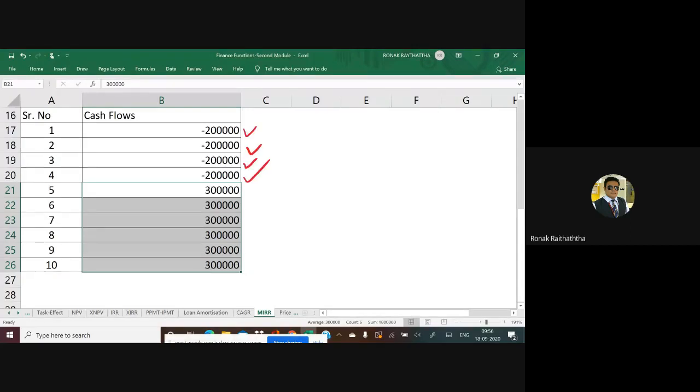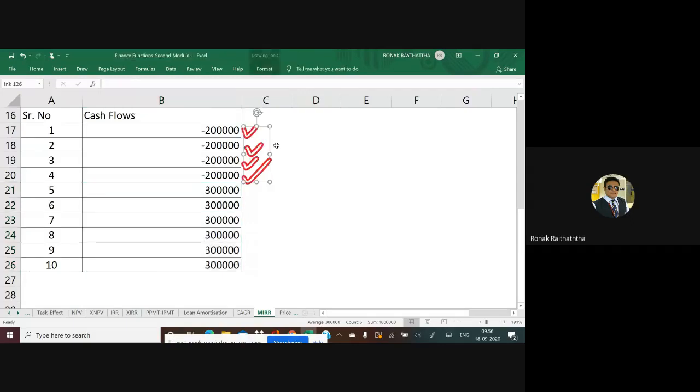Now one person came to you and said that, Mr. Ronak, if you will invest 2 lakhs, 2 lakhs on 4 years, then 3 lakhs rupees would be the income I would be able to give you starting from the 5th year onwards to the 10th year. And my finance rate in this case is going to be, I'm writing those rates.